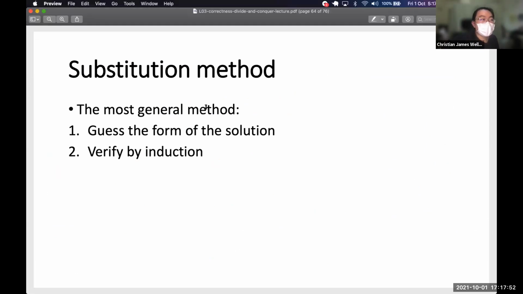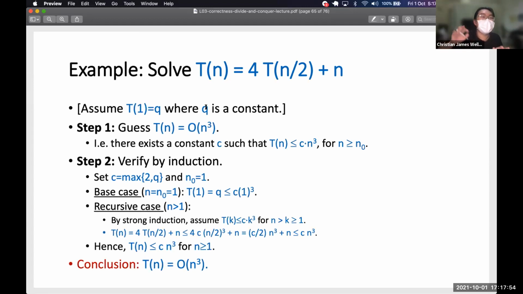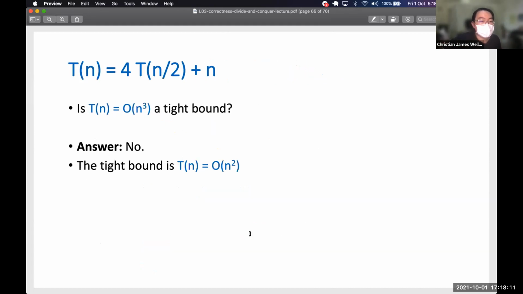The somewhat sucky part is that your guess might not be correct. Take T(n) = 4T(n/2) + n. Maybe you guess O(n cubed), and eventually you can show that T(n) is indeed O(n cubed), but it's not tight, because there is a better answer by the master theorem. We know it's O(n squared).